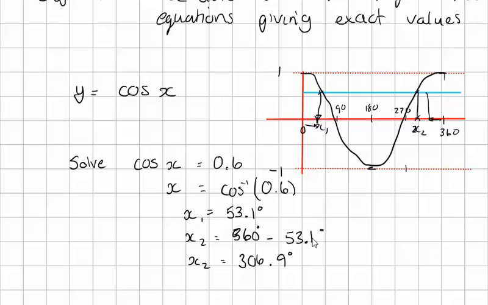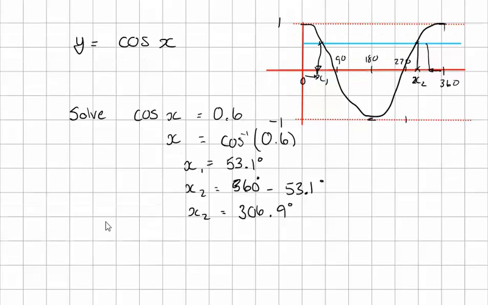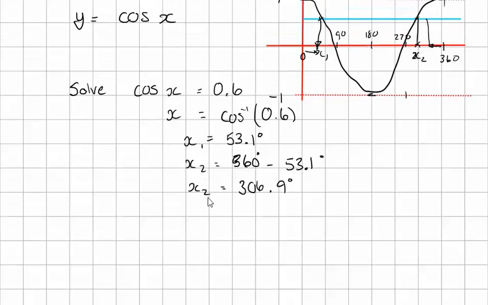From the graph, we'll start with the easy ones. There are certain ones that you know already, right? Looking at the graph, the easy ones. So, cos of 0 equals what? 1.